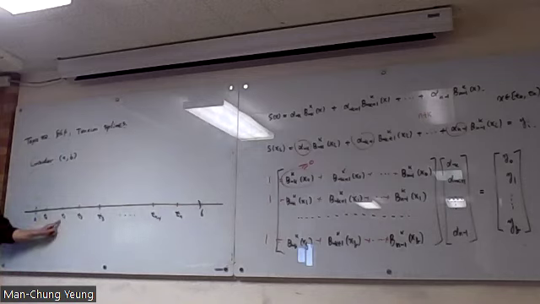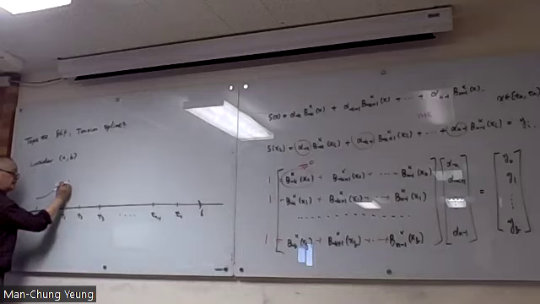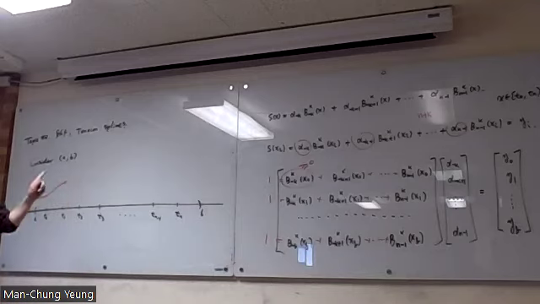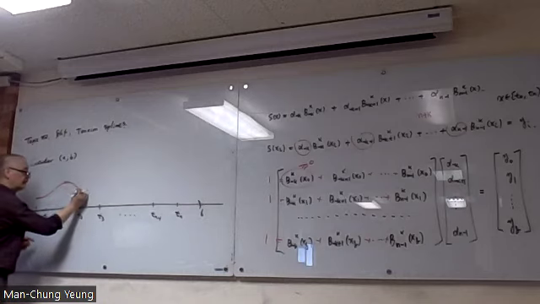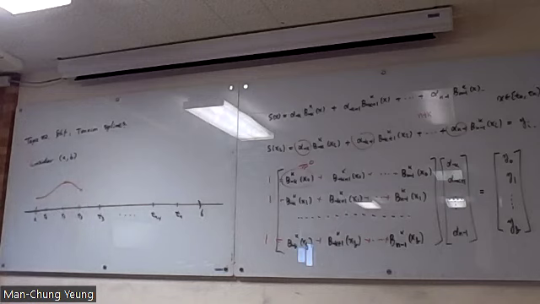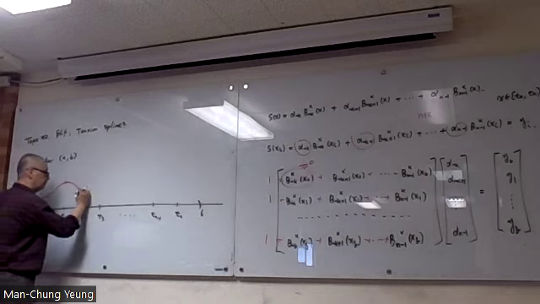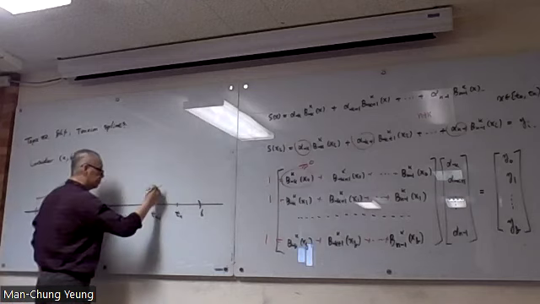From a to t_1 it is a function, not necessarily a polynomial in this tension spline. From t_1 to t_2, some function, which may not be a polynomial. t_2 to t_3, some function, and so on.